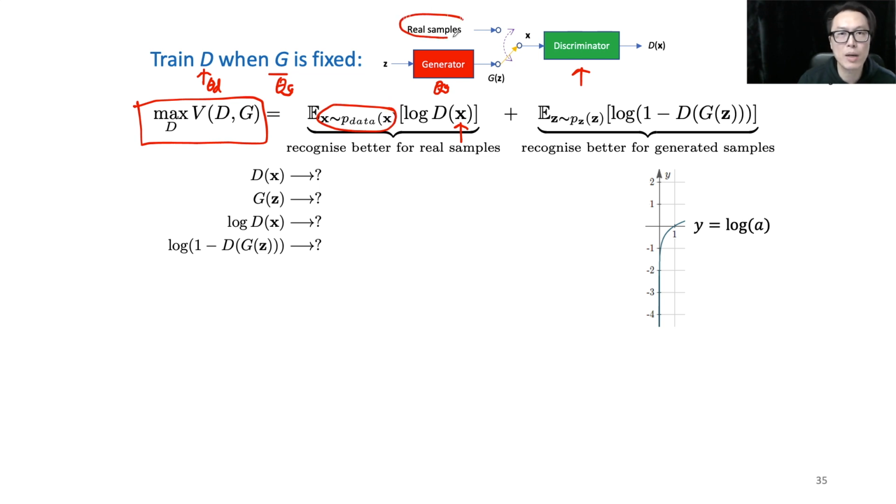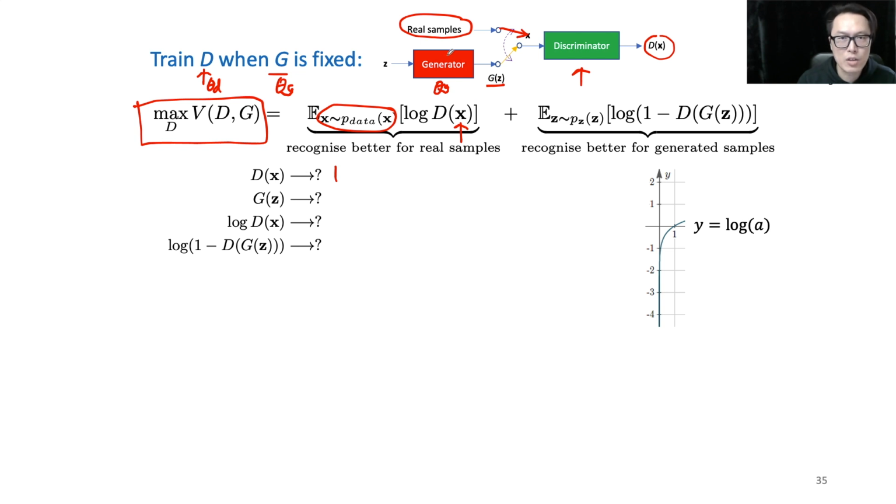That is, we are talking about the real samples. So in that case, we need to think about what we expect the output of D(x) to be. When we feed the real sample into this x, because this is the real sample from the discriminator's point of view, we want this to be 1, because we would like D(x) to tell that this sample is from the real data, yeah?